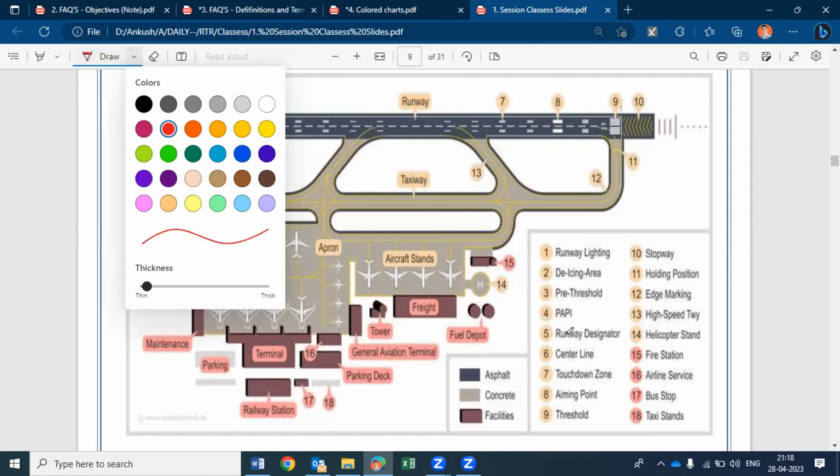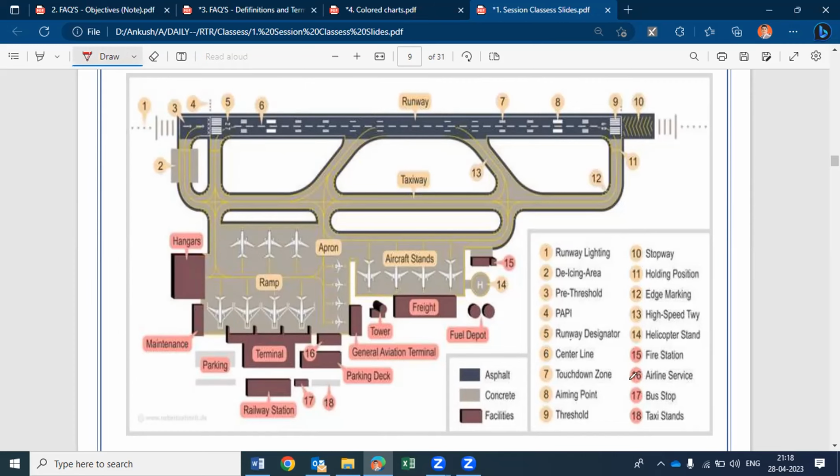Yesterday, about runway, apron, taxiway, ramp, stands. These are the things, right?